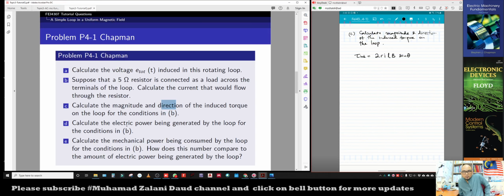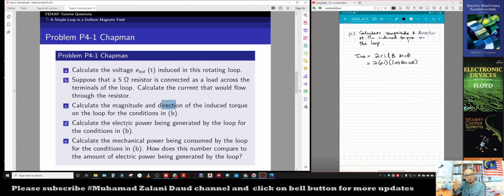We can do the same thing as for question A, which is we just substitute all of the values given in the equation here: 2R is 0.1, I is 1.03 sine omega t. I'm going to use omega t, which is at this instant. We know that it is 103 radians per second.